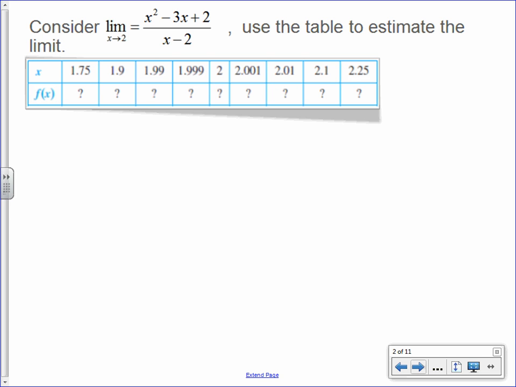What is our function value at 1.75? 0.75. What is our function value at 2.25? 1.25.